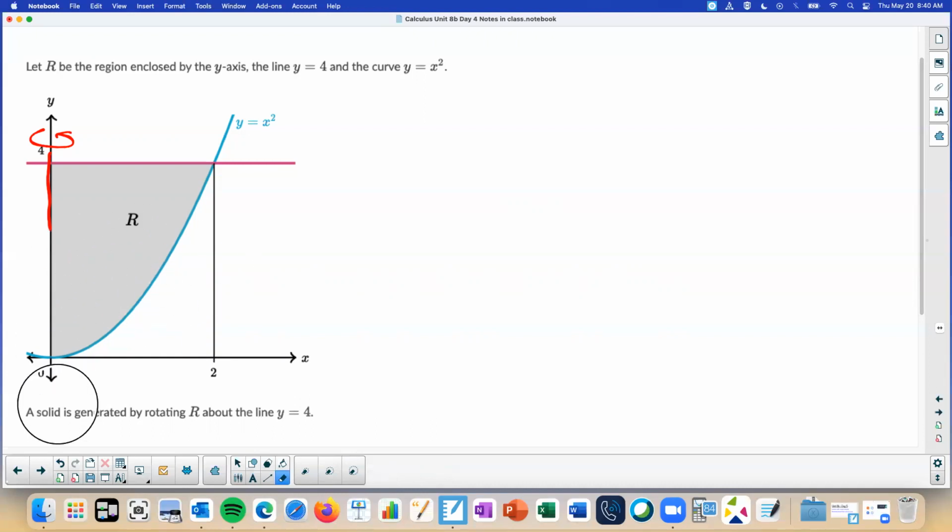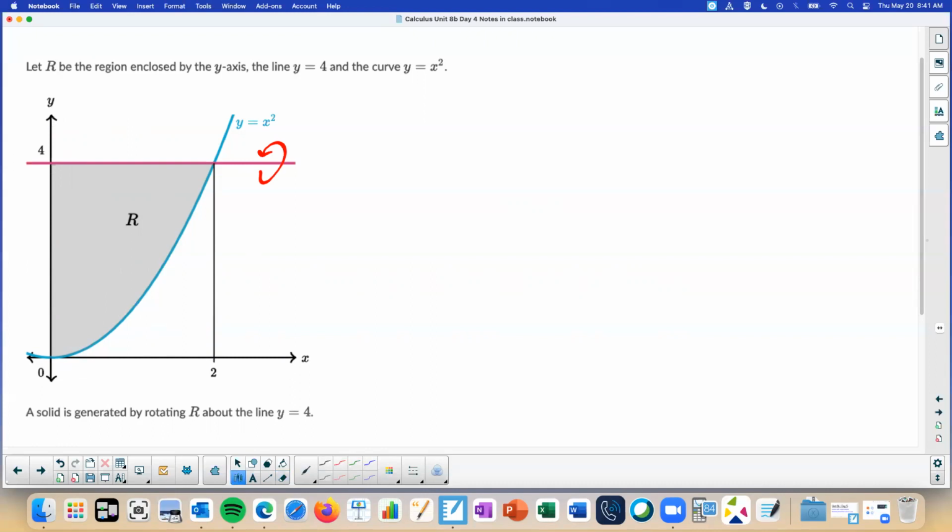Now today moves on this slightly, and we're still going to rotate it around a line that it sits directly on. So today we're going to rotate it around y=4. And in a lot of the pictures, you'll see the red line is the axis of rotation.